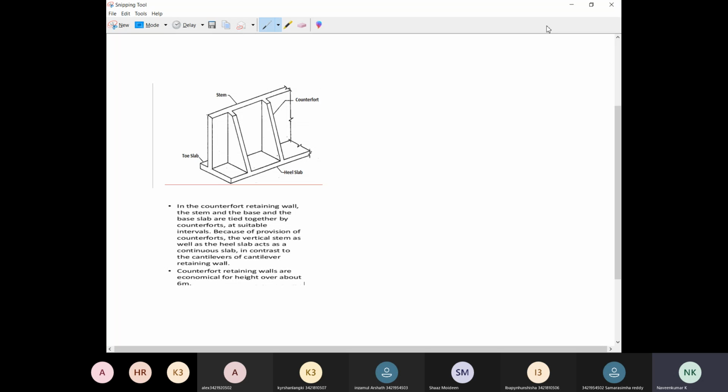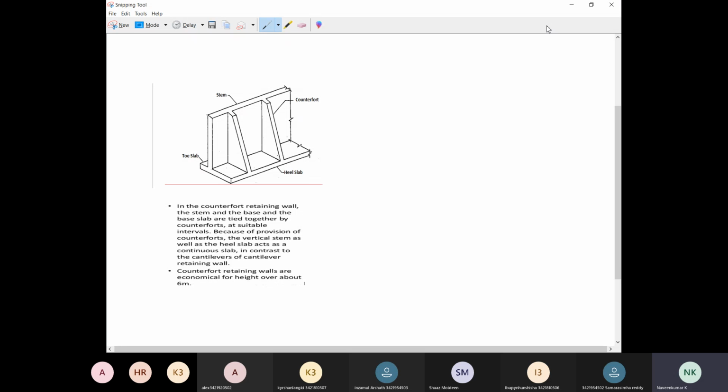So we have designed that retaining wall, and we have drafted that retaining wall. So now we are into the third category, that is called counterfort retaining wall. You can just compare what you mean by cantilever retaining wall and what you mean by counterfort retaining wall.